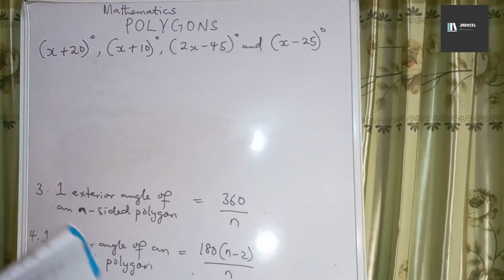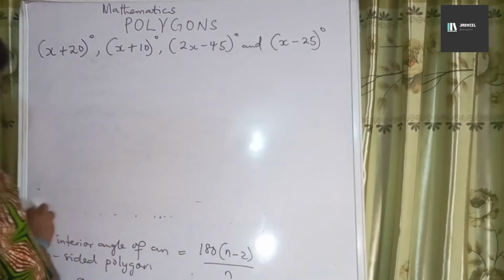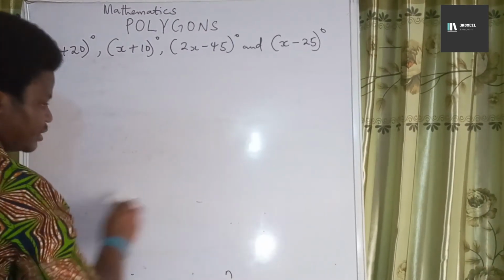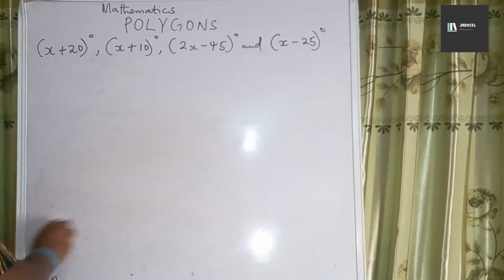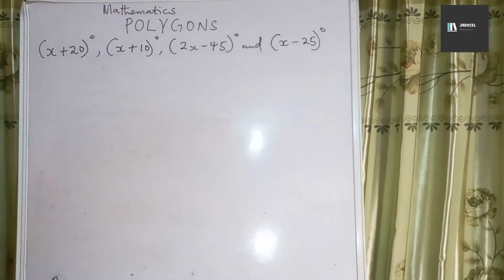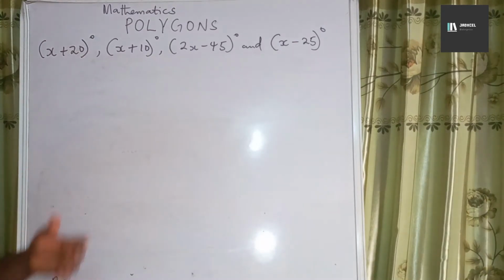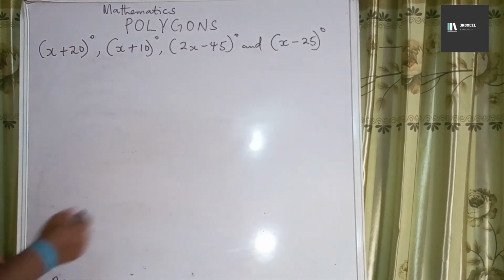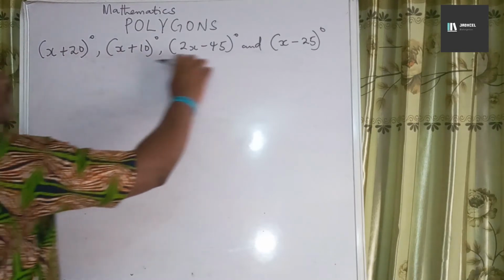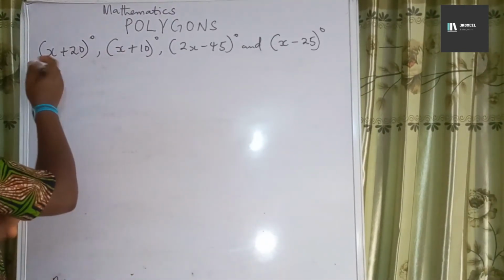What is a quadrilateral? A quadrilateral is a special type of polygon that has 4 sides. And if it has 4 sides, the sum of all the interior angles of a quadrilateral is equal to 360 degrees. Of course, we know examples of quadrilaterals: we have square, we have rectangle, and so on. So it means when we add all these 4 angles together, it must equal 360 degrees.